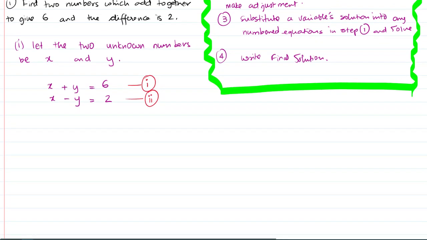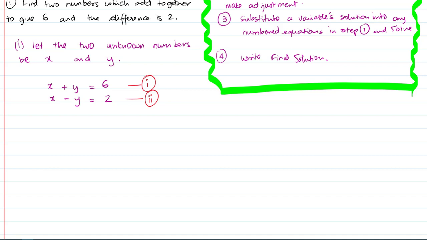I can do both to show you, but in this case I'm going to show you the first one by eliminating x. I have now numbered the equations, and I can eliminate x by subtracting equation 2 from equation 1.